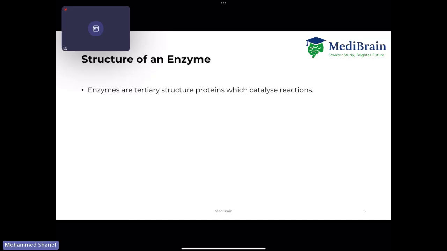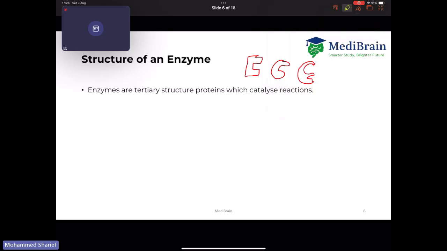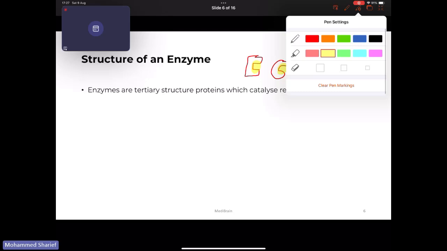For example, each enzyme has a different active site. You might have an enzyme like this, or like this, or like this. All of these are enzymes, but the point in the middle is different. They have different active sites, which means they will fit different substrates.